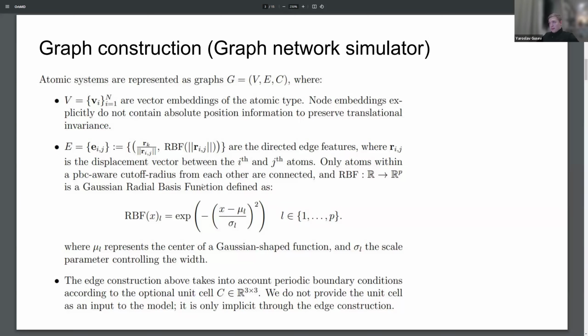So there are those Gaussian features, and also there is a vector feature that is essentially the displacement vector from one particle to another, normalized by the norm. So it's a unit vector of direction from one particle to another.